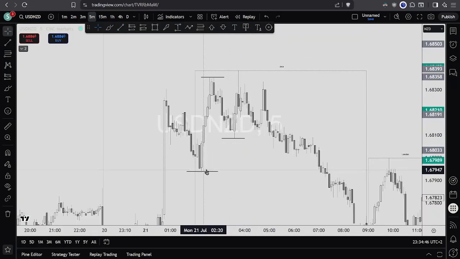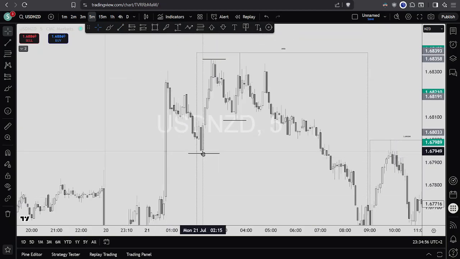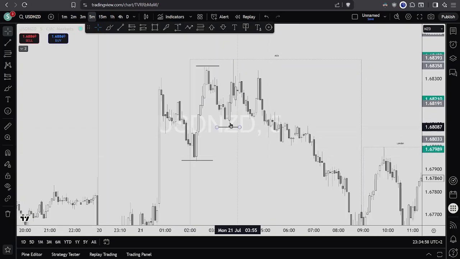Okay, price came from here to here. Price has this power to go here. From here we go here. So we have this power. Here we have this power to go higher. And now we are here and we cannot close beyond this. So this power and this power are equally as strong.